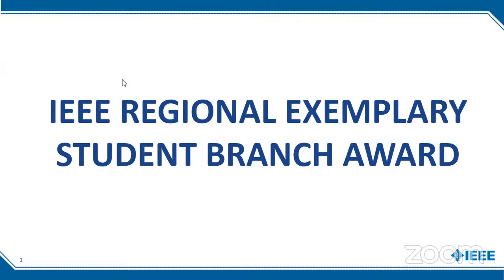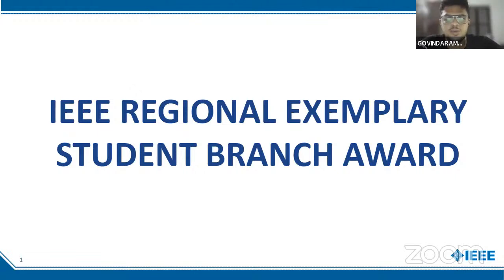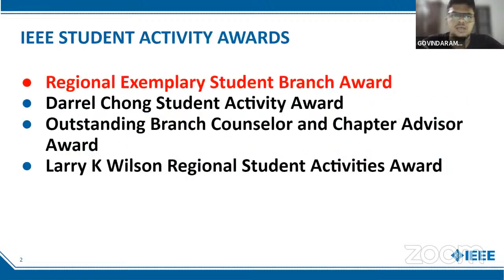Good afternoon, all. Myself, Govindaraman. Today we are discussing the IEEE Regional Exemplary Student Branch Award, its eligibility, and how to apply for it. On a global scale, IEEE MGA provides mainly four awards.